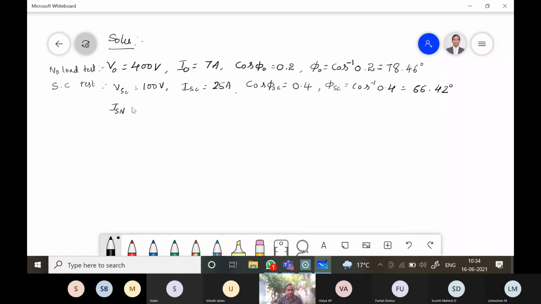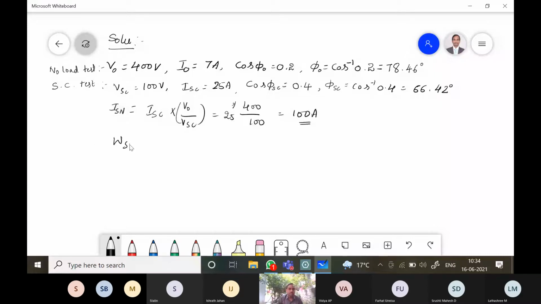For normal voltage, the current is ISC multiplied by the ratio V naught divided by VSC. So ISC is 25 into 400 divided by 100. You get 100 ampere as the ISN.